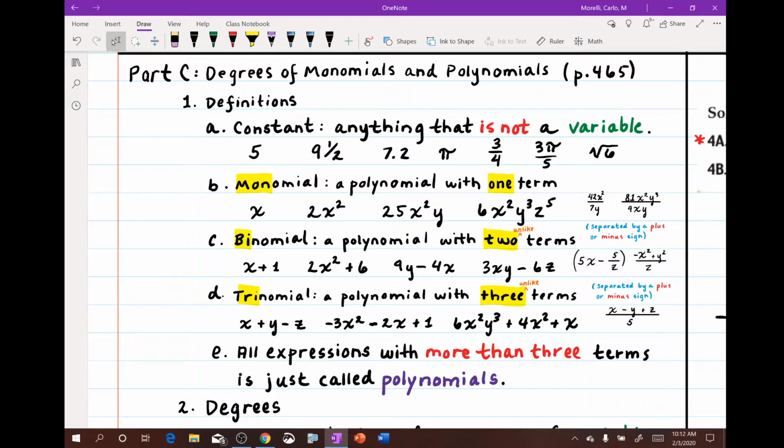So worst case scenario, just pull it up on YouTube and scroll to this section and finish filling it out later. Okay. So all I'm writing is Part C, degrees, 1 def, A constant, B monomial, C binomial, D trinomial, and I might even stop writing at that point. This should take me 10 or 15 seconds to get the skeleton down on the page. So this is going to take up 1 full page of your notes.